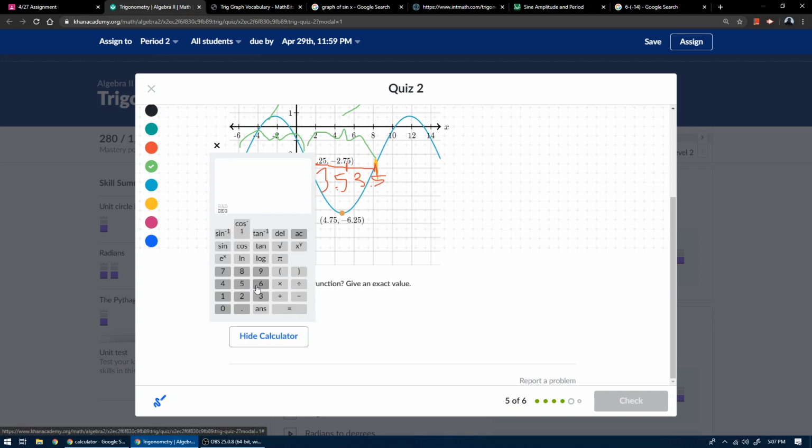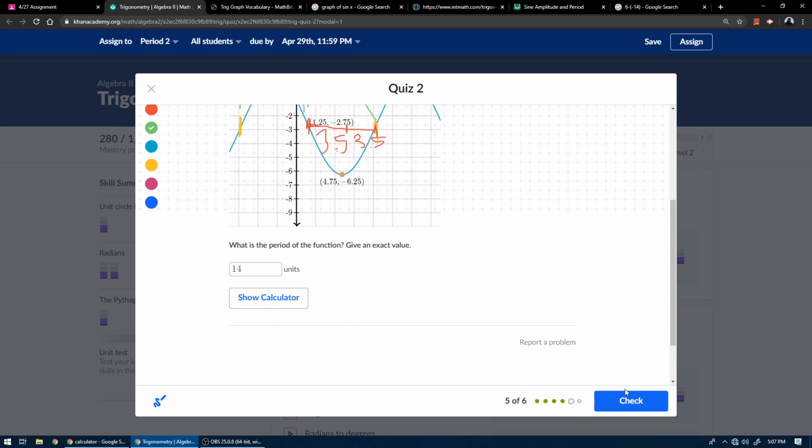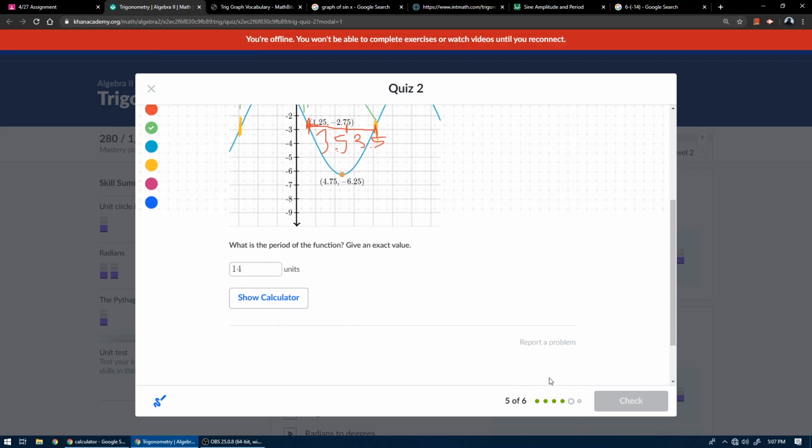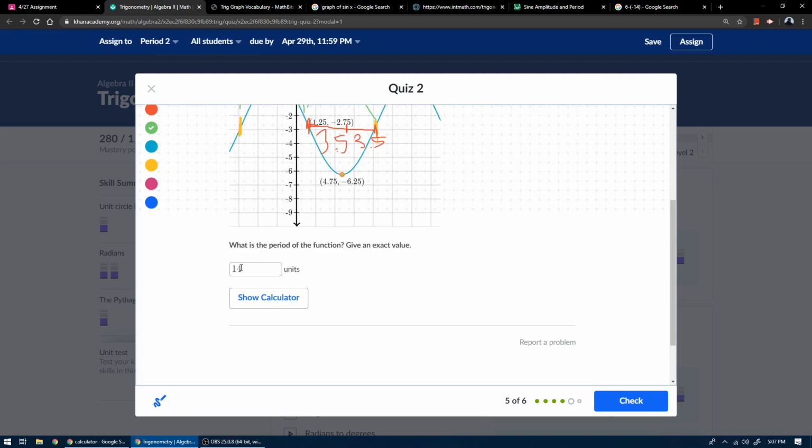So what's the distance from 8 to negative 6? It's also 14. So that's another way you could have done it, just by looking at how long a cycle is. So it's 14 units right here.